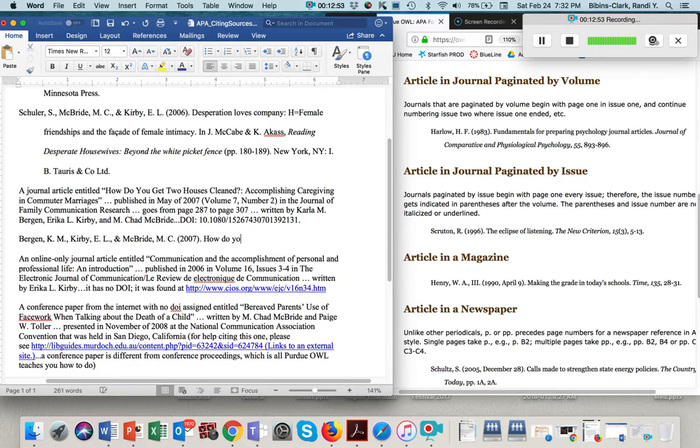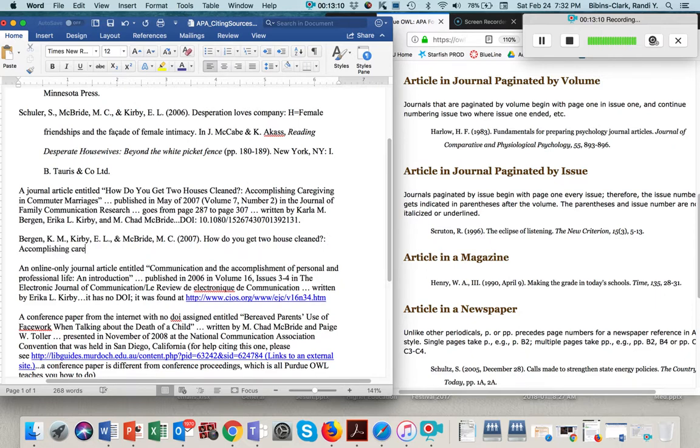How do you get to houses cleaned, colon, and then I'm going to capitalize accomplishing because it's the first letter after the colon. Caregiving in commuter marriages. I desperately want to capitalize that stuff, but I'm not going to because it's against the rules.